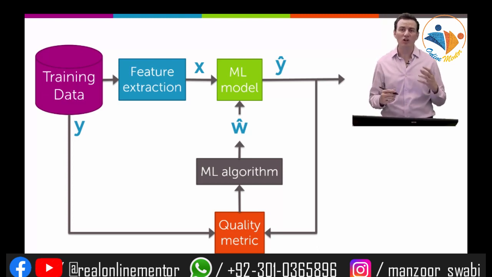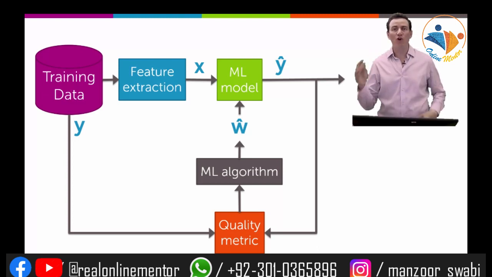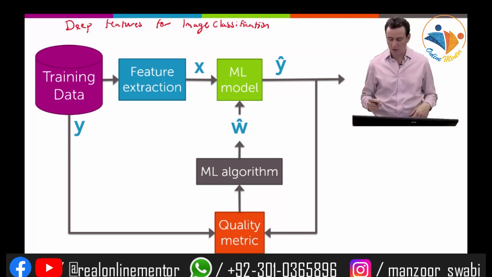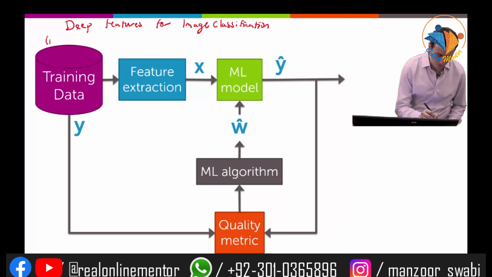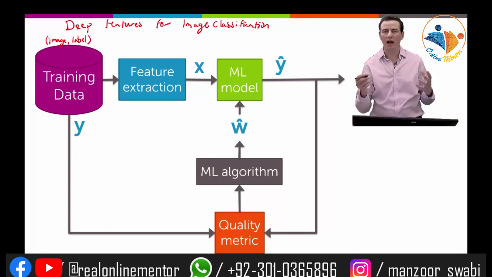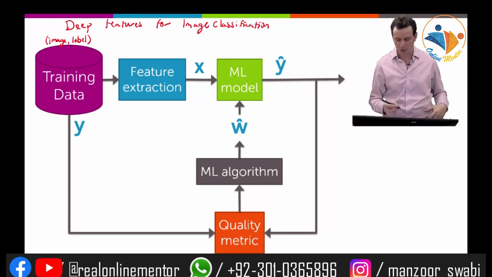So in particular, let's talk about deep features for classifying images. So deep features for image classification. The input here are pairs of images with their labels. So the labels that we've looked at were things like whether it's a cat, a dog, a house, or some other object in the image.